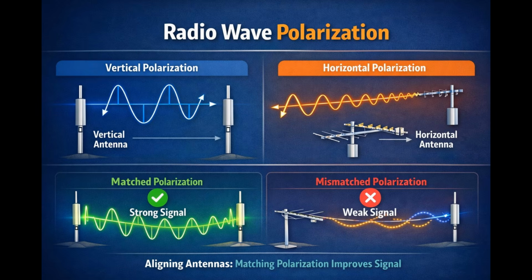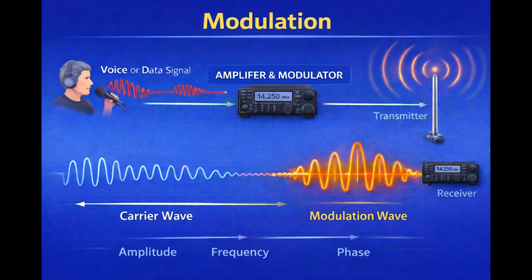For example, a vertically mounted antenna produces a vertically polarized wave, while a horizontal dipole produces a horizontally polarized wave. If the transmitting and receiving antennas are mismatched in polarization, a significant portion of the signal can be lost before it ever reaches the receiver. In practical amateur radio operation, matching polarization between stations improves signal strength, clarity, and reliability, making it an important consideration when choosing antenna types and how they are installed.